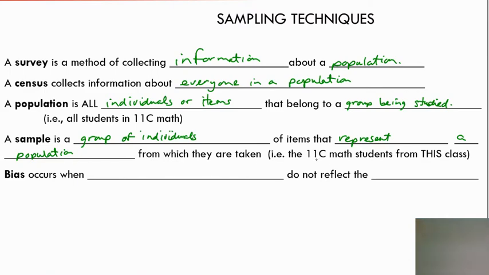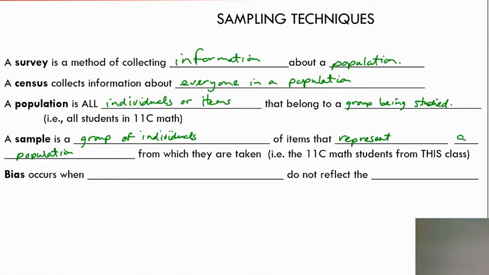For example, grade 11 college math students from this class. There's a much more specific sample. So this is a sample from a bigger population. So the population would be all grade 11 math students, and then grade 11 math students just from this class would be a sample.